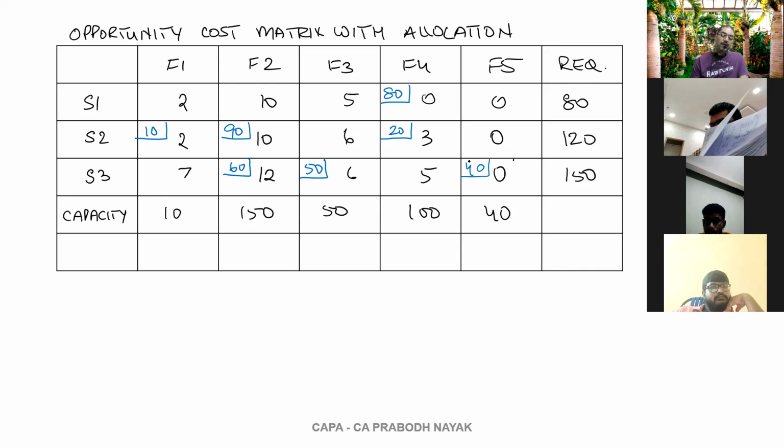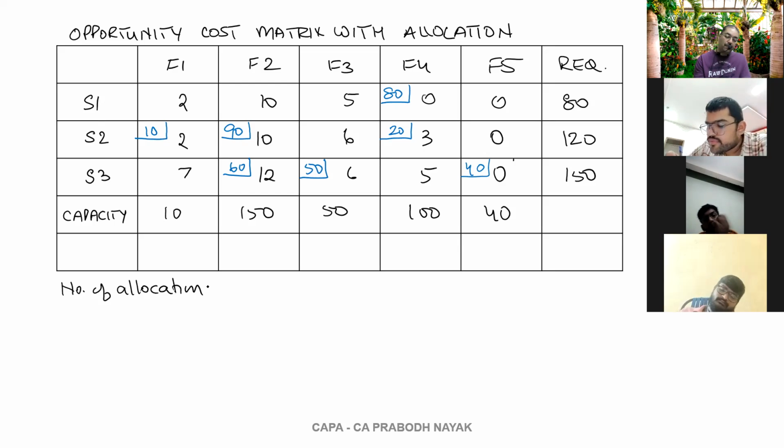Number of allocations is 7. M plus n minus 1, where M is the number of rows, 3 plus 5, 8, 8 minus 1, 7. So number of allocations is equal to 7, which is equal to m plus n minus 1.